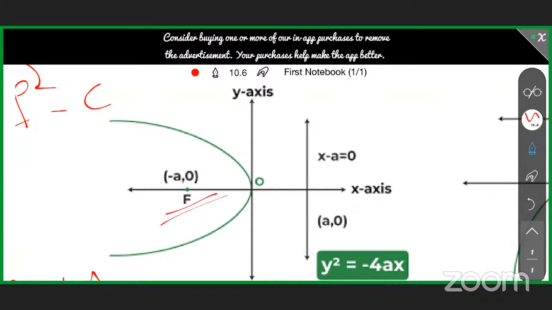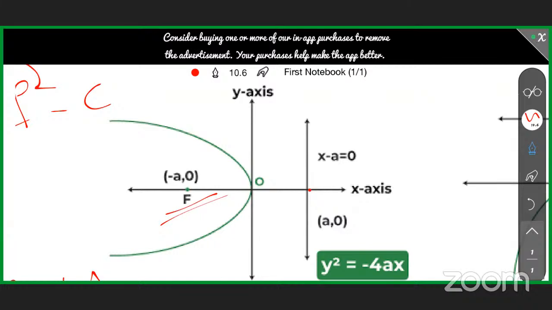That's my directrix. So same thing, if I apply my directrix to the same formula, y minus y1 is equal to m into x minus x1. Slope will be 1 by 0 only. Infinity is equal to 1 by 0. That means the y component will become exactly 0. Now x minus a.